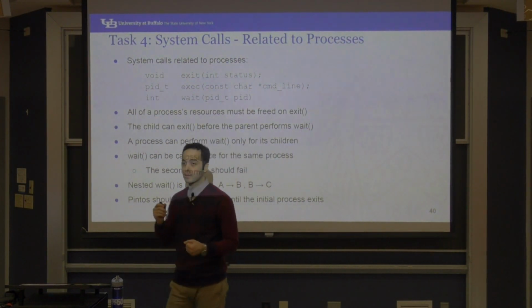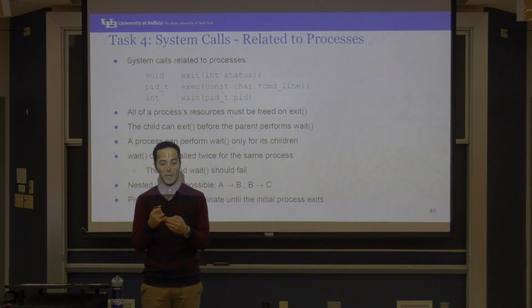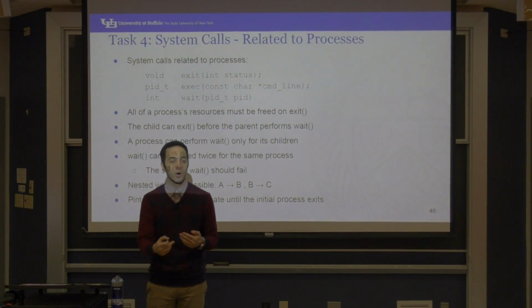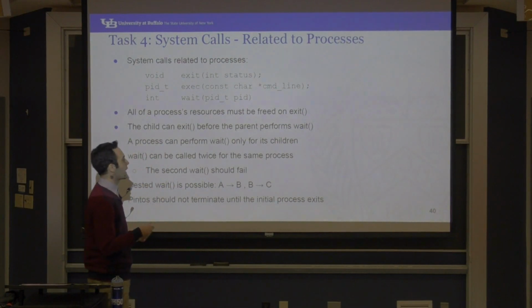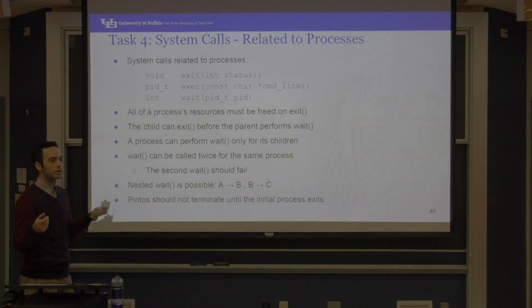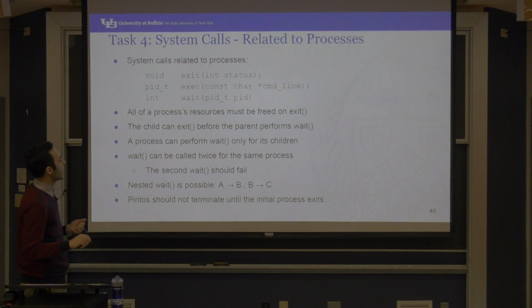Before the parent gets the CPU again, and then calls the wait. So the order of the execution can actually happen like that, and so there should be a kind of synchronization between these. And then you gotta remember that a process can perform wait only for its children.